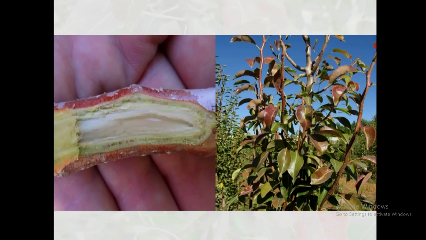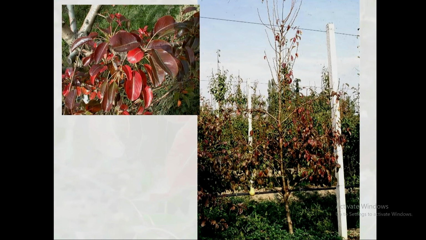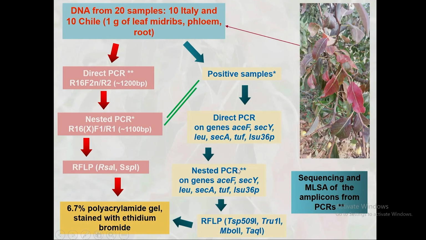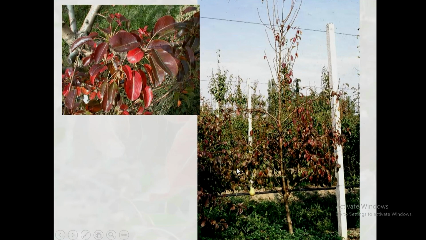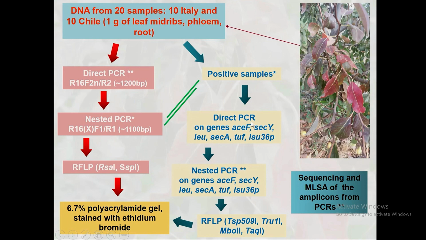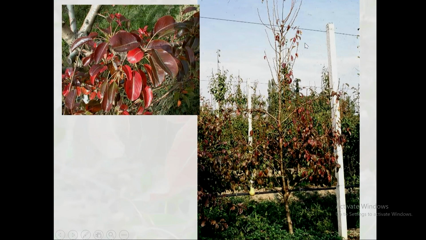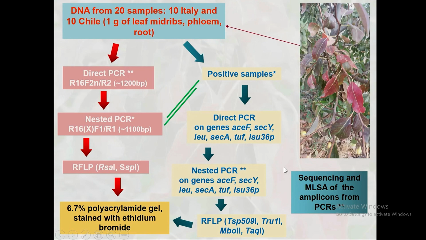In Chile we found some necrosis in the vessel, epinasty in the red leaves, or you can see different intensity of red in the leaves. And of course, the yield is very, very low with a low quantity of fruits.